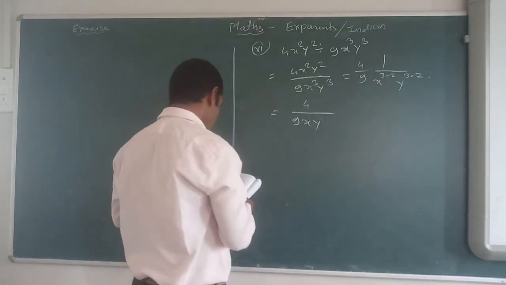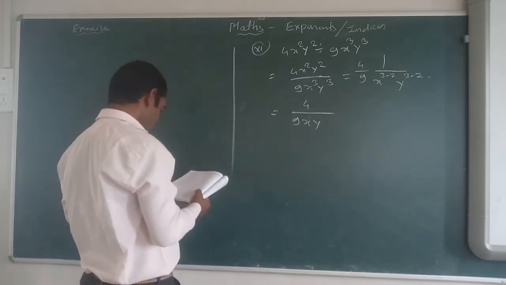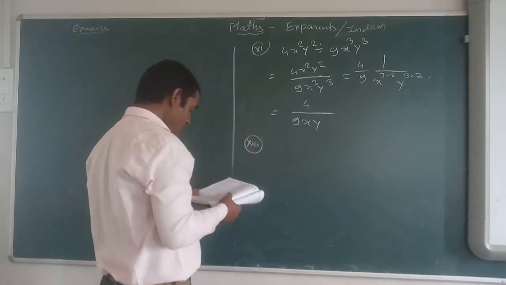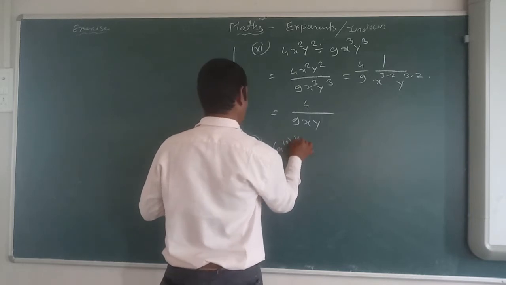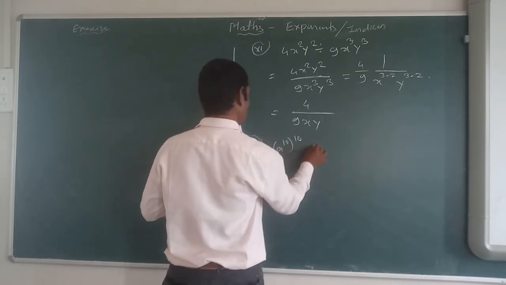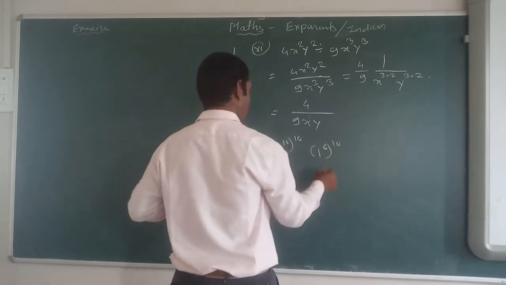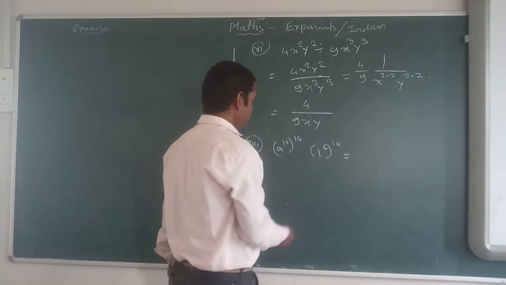After that we will take question number 13. Question 13 is here: a raised to 10 raised to 10 into 1 raised to 6 raised to 10. Power of power means multiply, that means product power.